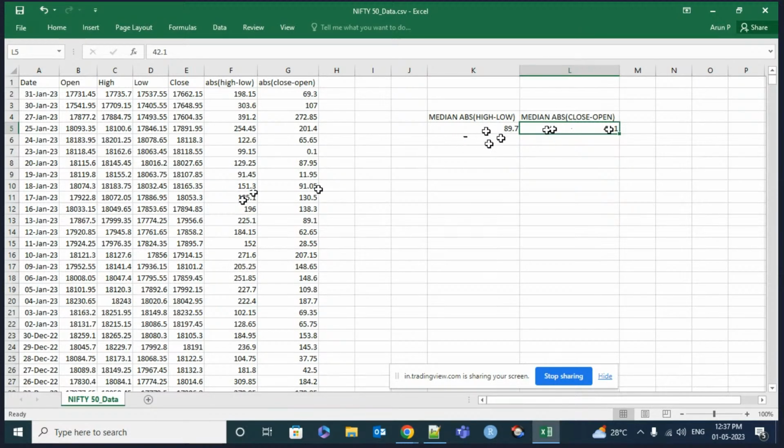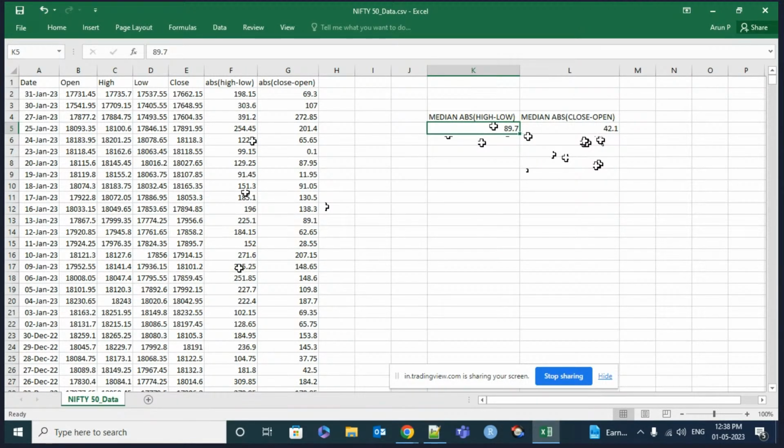On average daily from the last 13 years of data, the body of the candle is 42 points, and the high to low is about 89 to 90 points on average on a daily basis.